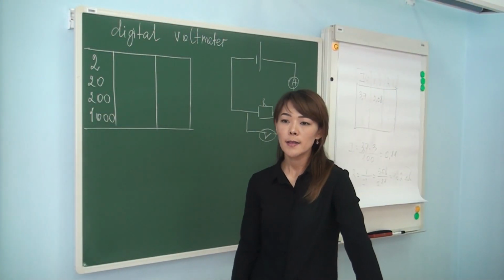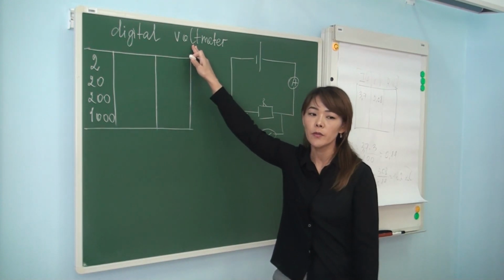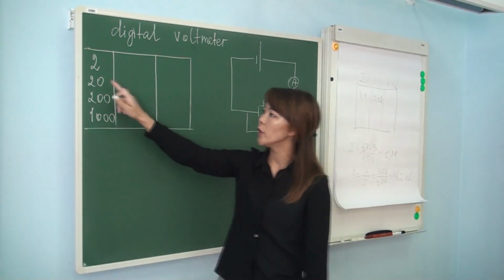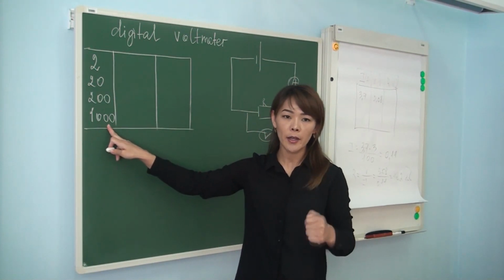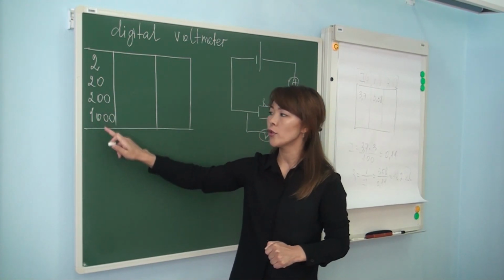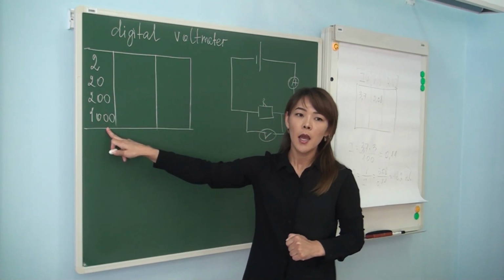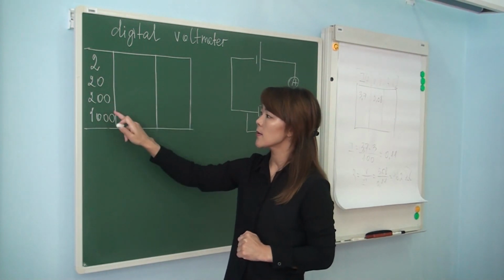Okay guys, next is the digital voltmeter. How to use a digital voltmeter? We can see 4 scales of direct current voltage: 2, 20, 200 and 1000. How do we measure voltage using these scales?